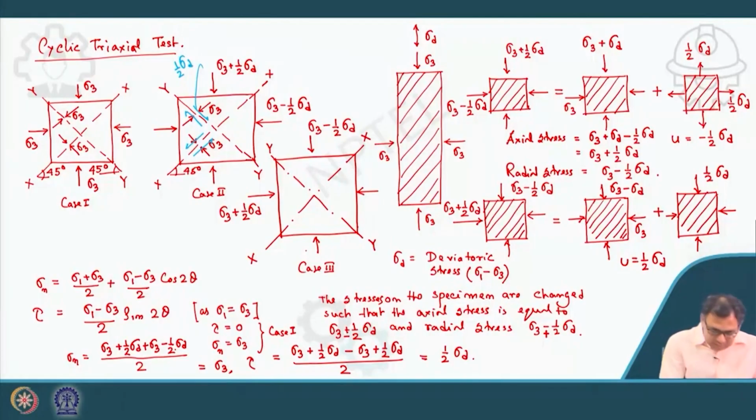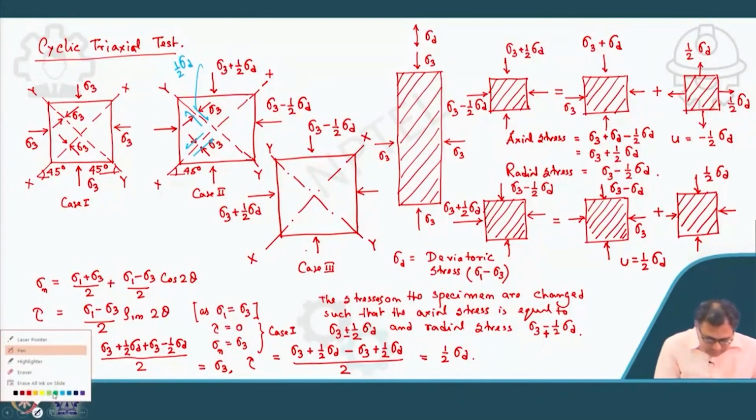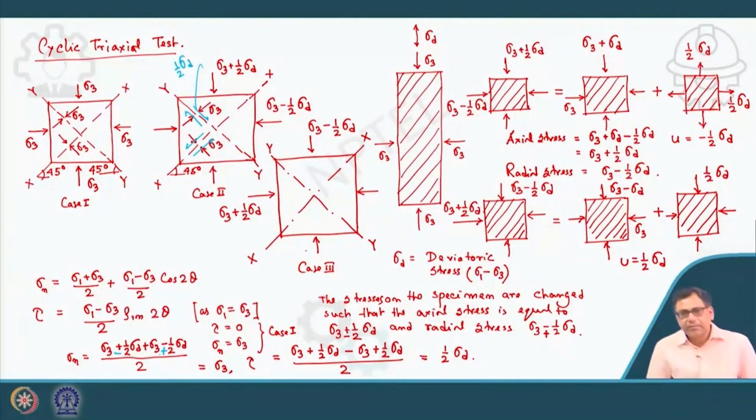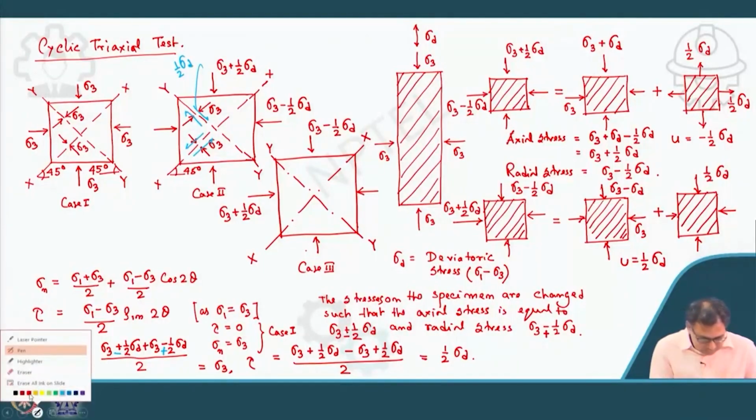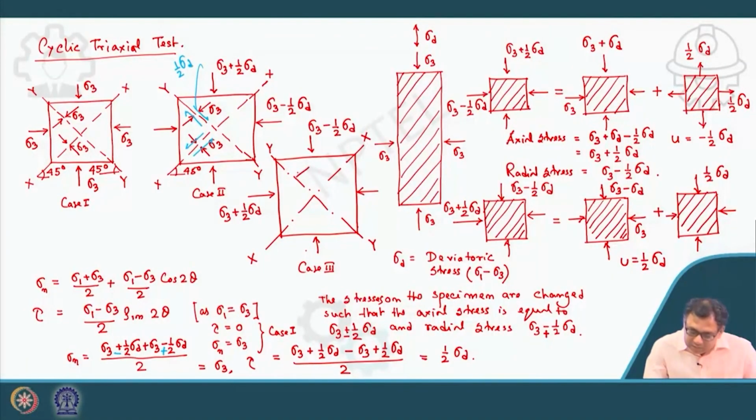For the normal stress I am just changing the sign. Sorry, this will be minus, this will be plus. Remaining thing will be same. So that means here this will be sigma 3. Okay. So this will be sigma 3. So for this normal stress again will be sigma 3, both the planes.